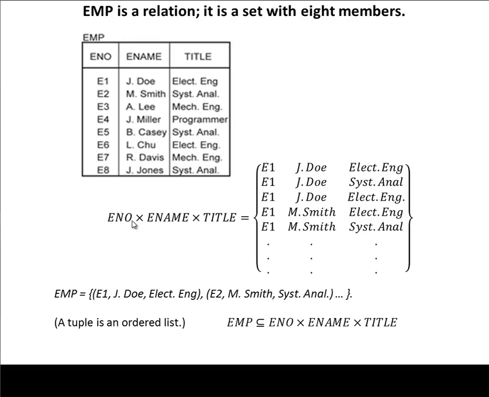And very simply, what this product or cross product refers to is that it's going to look like, in this notation that I'm using, I am going to consider ENO, which I said was the domain of the employee number, as a listing of the possible values that the employee number can take on.